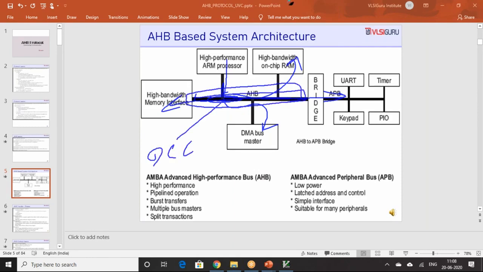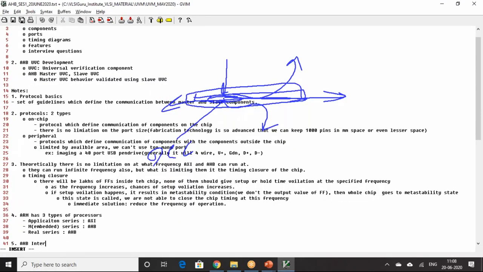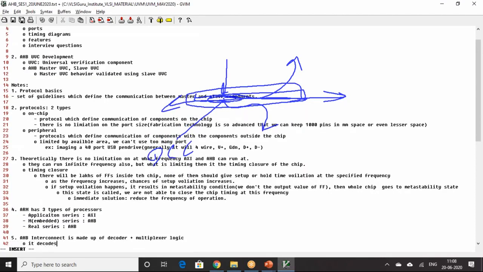The interconnect is made up of decoder plus multiplexer logic. So it decodes the incoming request address and figures out in which direction the request should be routed.